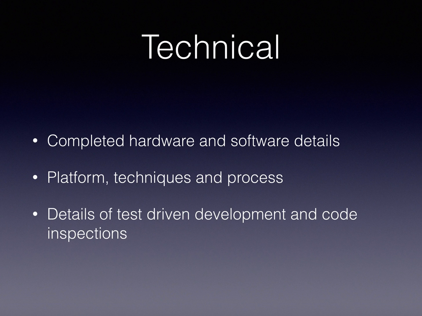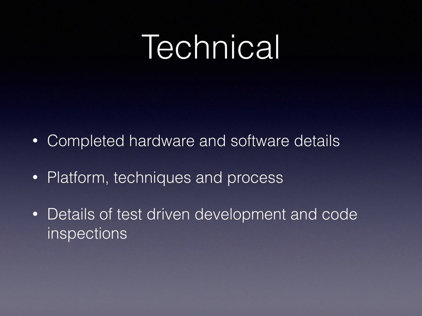So technically, we were fairly complete. We gave good details about the hardware and software being used. The platform that we use and develop on is Eclipse, and the technique of using a prototype to inform a software architecture model allows us to go from prototypes to a complete system.